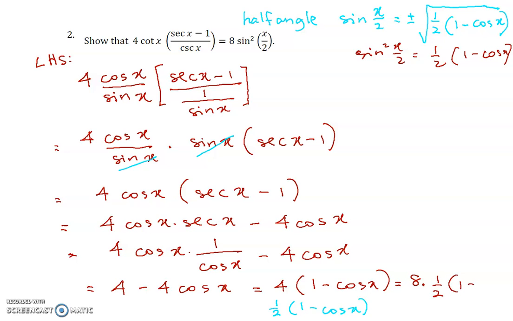So the solution should be 8 sine squared x over 2. So it is proven. You can notice this is similar to this one. Alright, so this is for question number 2.